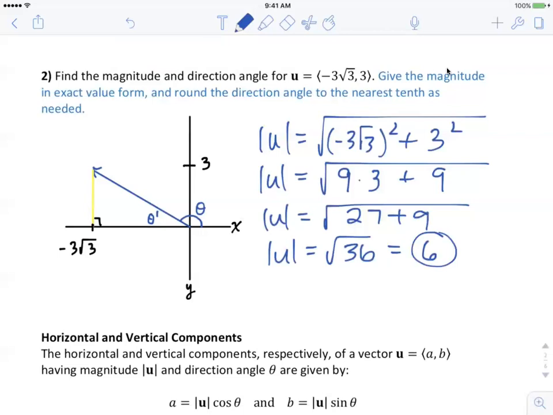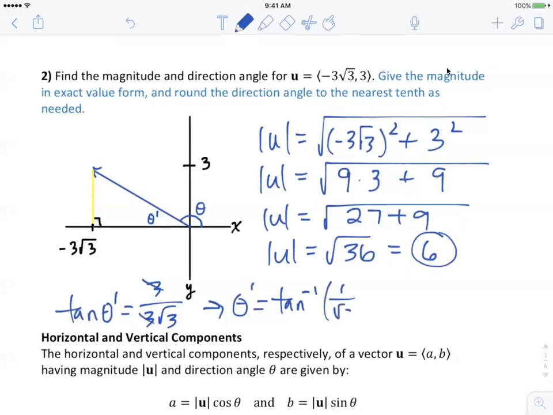For the angle, find that reference angle first. So let's maybe just squeeze it in down here. Tangent theta is b over a. So the b is 3, and the a is 3√3, ignoring negatives for the reference angle. So I'm going to do tangent inverse of, I guess I can cancel those 3's out, it's just 1 over √3. Okay.